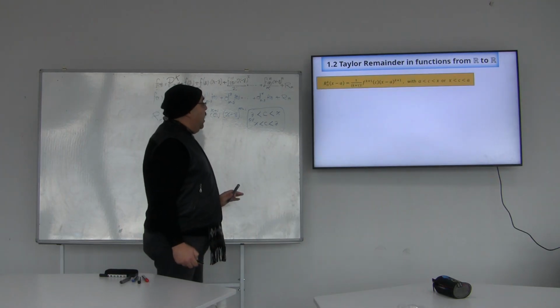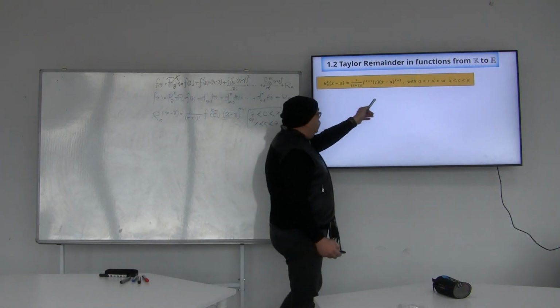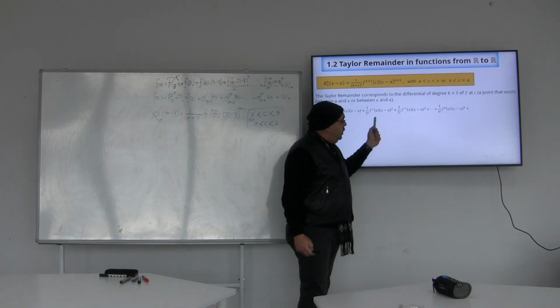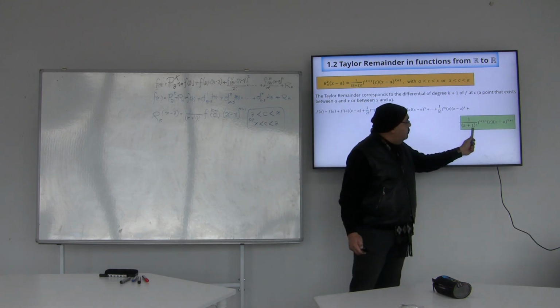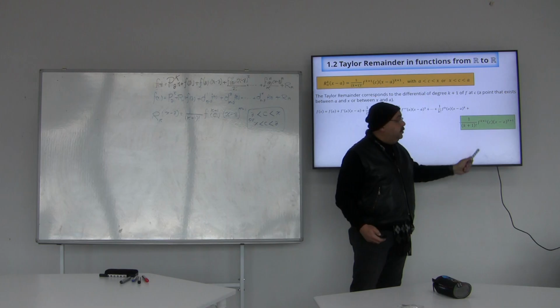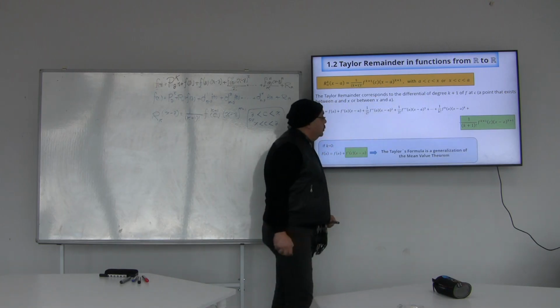Okay, now I have the remainder term in between these values. If I want also to write it, this is the main equation, and that's the term which is the error or the remainder value of this term.